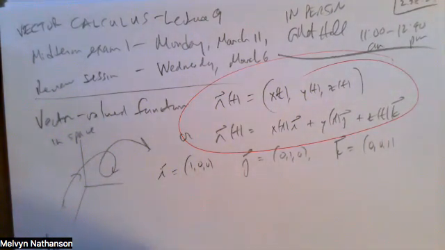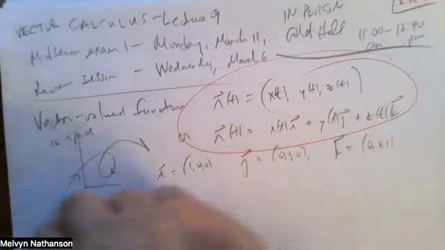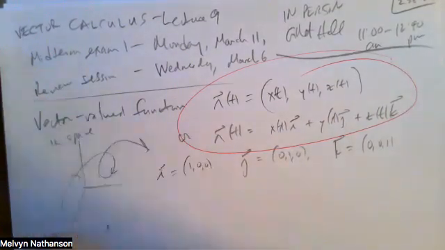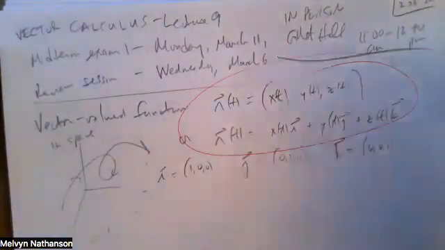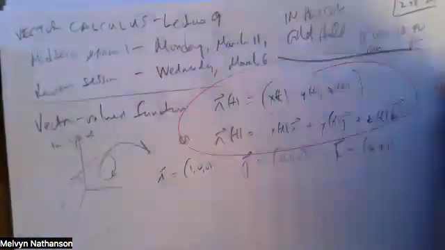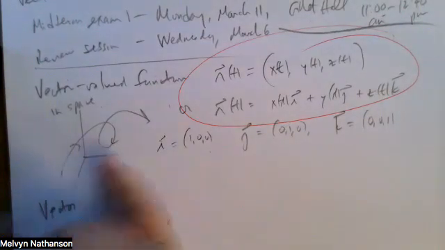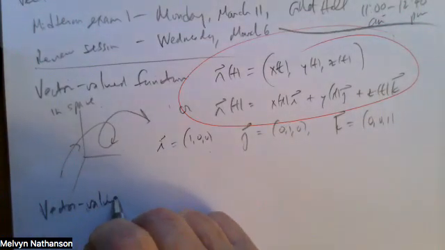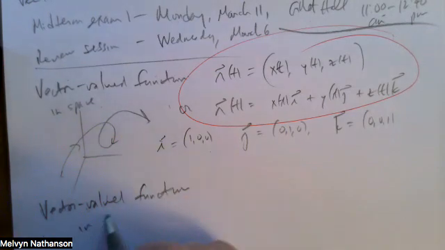In the plane, you only have 2 coordinates. You have a vector valued function in the plane.